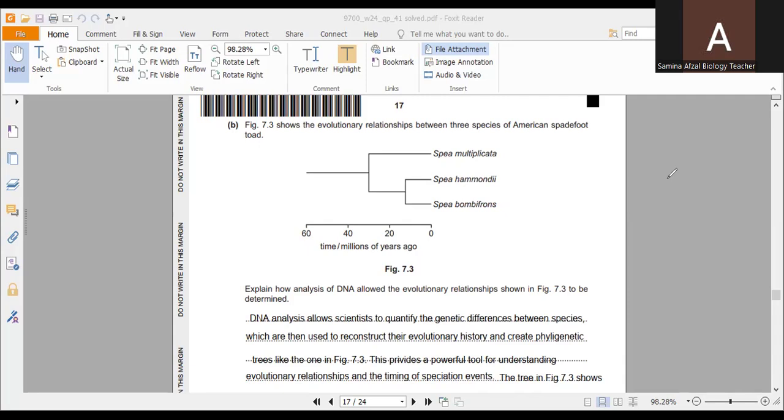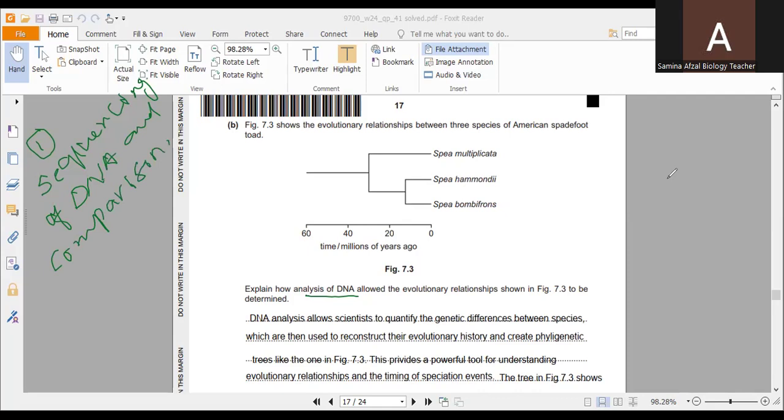The first point in this regard is number one, DNA sequencing and comparison. For analysis of DNA, first of all, there is need of sequencing and comparison.